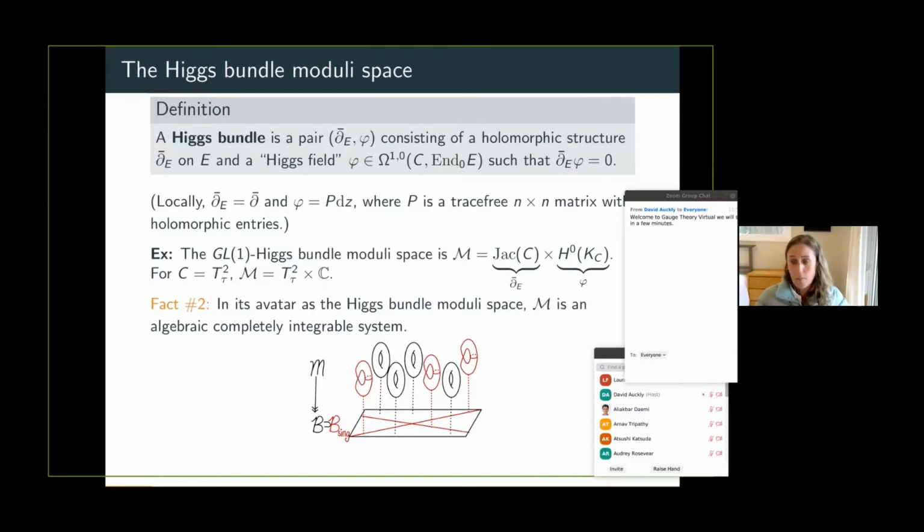And then for the holomorphic cotangent bundle, you can view the torus as a quotient of C mod a lattice, and a Higgs field is just a bounded holomorphic function on C, and so that means it has to be a constant. Sorry about that. And so then the moduli space is just this torus cross C.